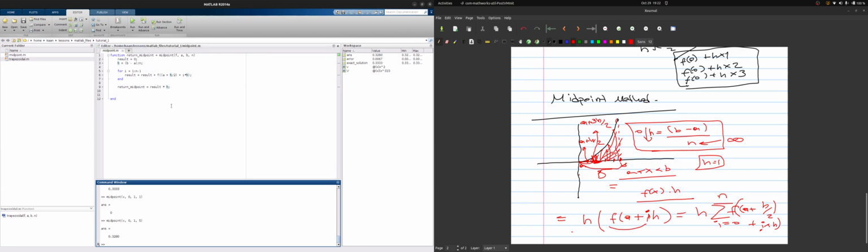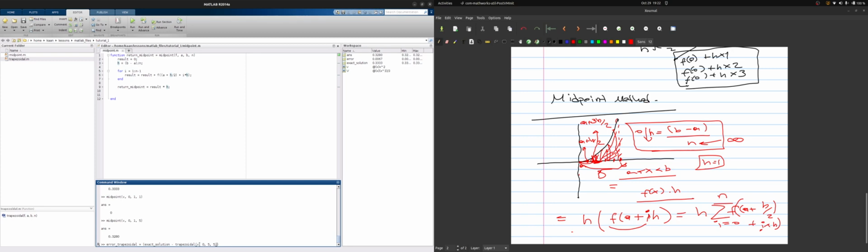So to compare which one is better, let's compare the error in this case. In trapezoidal, the error trapezoidal is exact solution minus trapezoidal of v with 0.5 in 5 steps times 100.